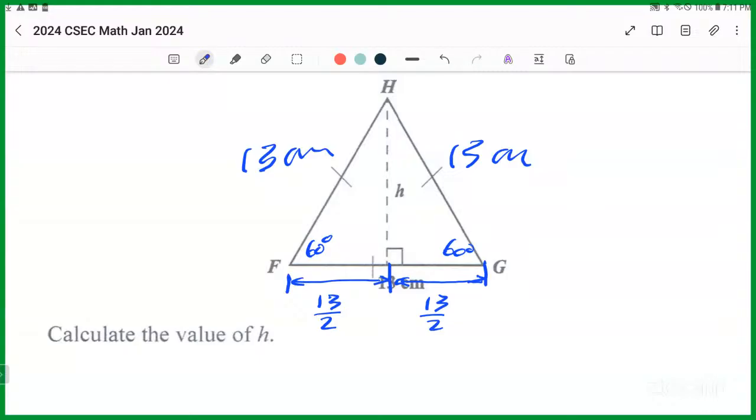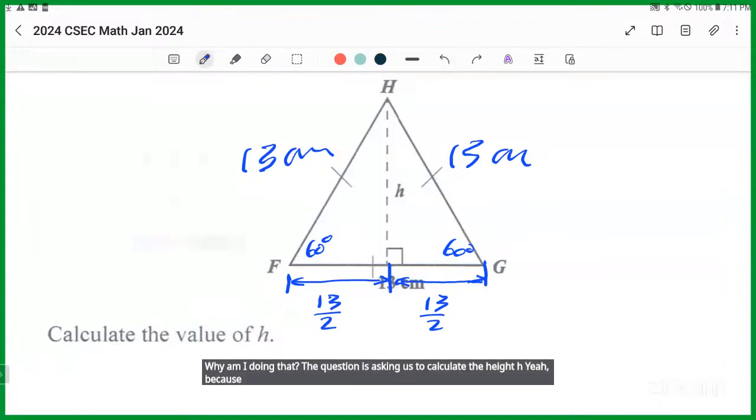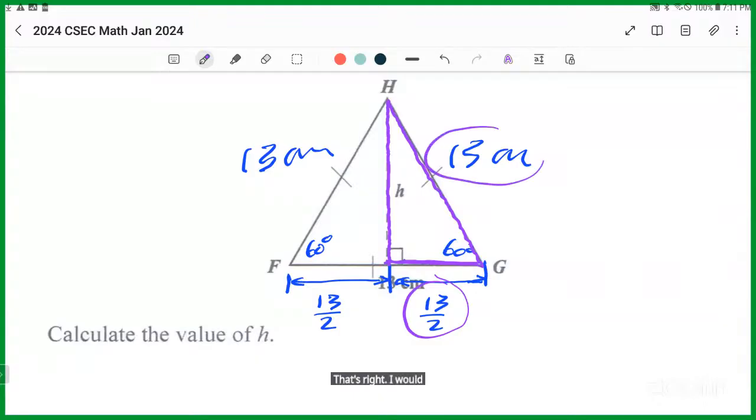Why am I doing that? Because the question is asking us to calculate the height h. To calculate the height h, I'm going to focus on one of these right angle triangles, for example this one. On that triangle, I would have this dimension and that hypotenuse.